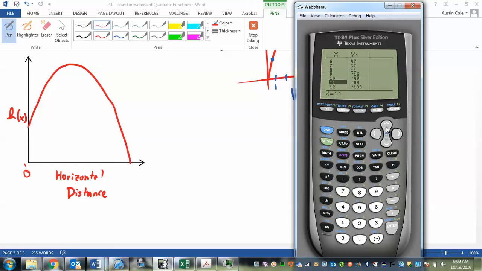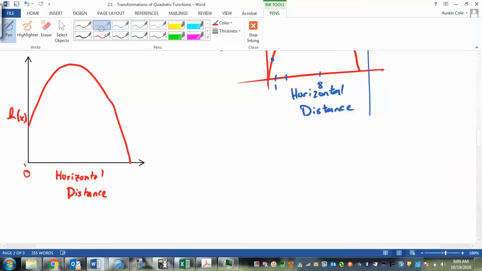Now understand something. What is this point right here? It's where it hits the ground, and that is between 8 and 9. Now, this keeps going. The graph keeps going.